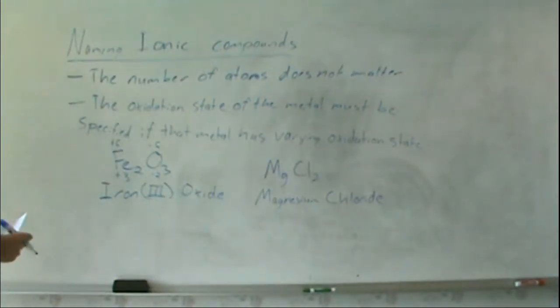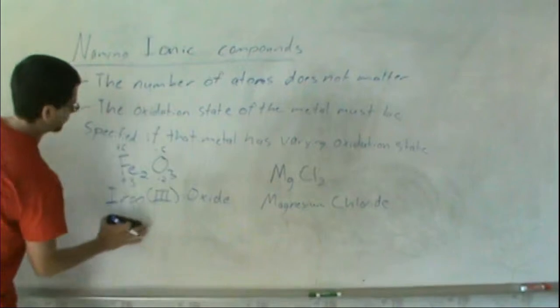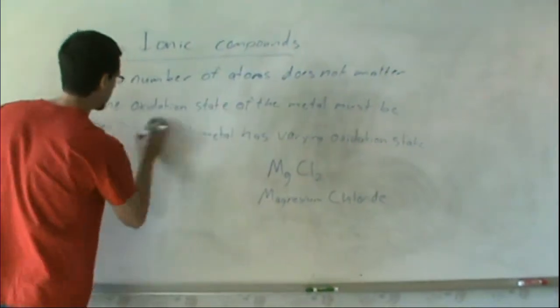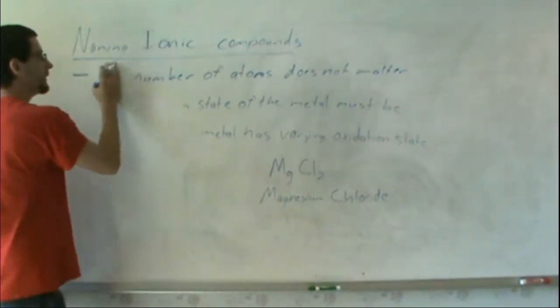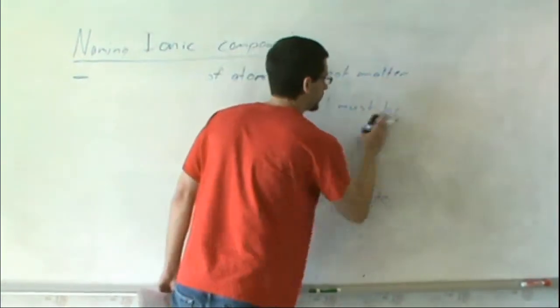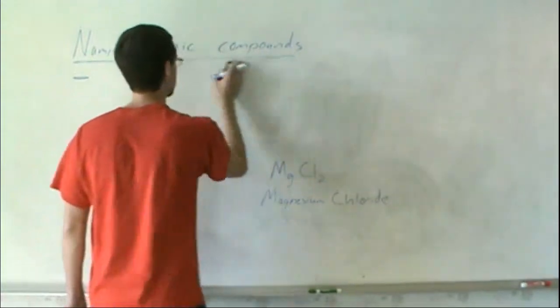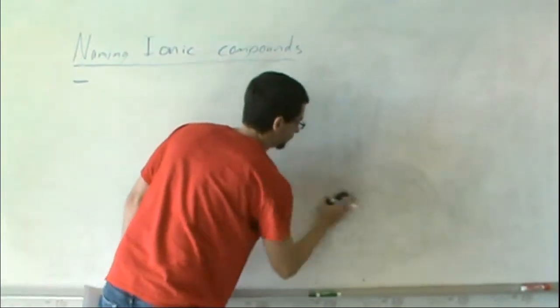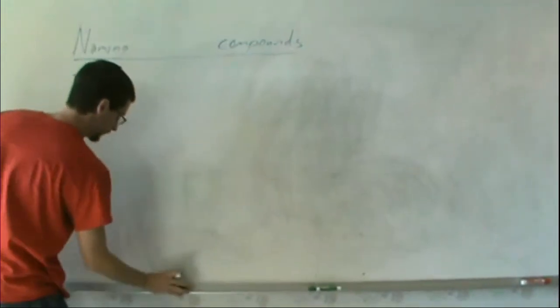Now, what about covalent compounds? Covalent compounds sort of follow the same trend as ionic compounds. So, we're moving on to covalent.